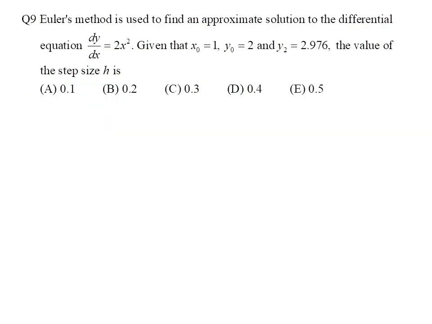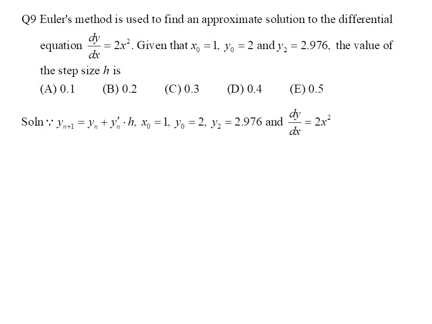In question 9, we are given the differential equation dy/dx equals 2x squared, with the criteria that x0 equals 1, y0 equals 2, and the approximate value of y2 equals 2.976. The task here is to find the step size h.